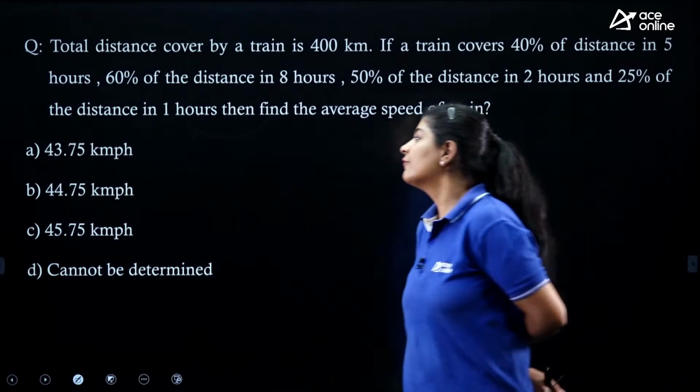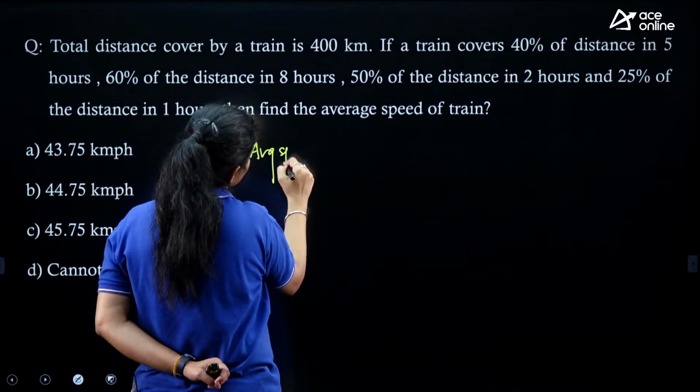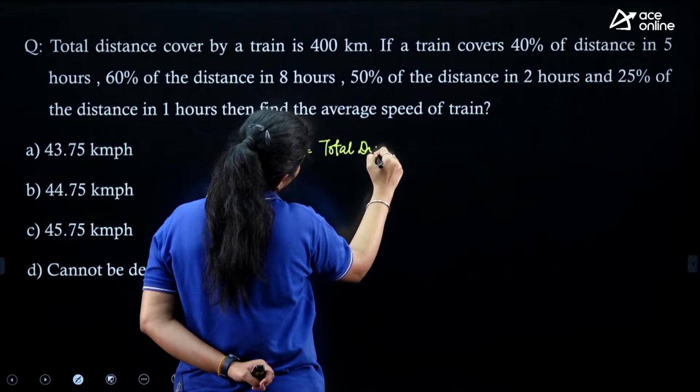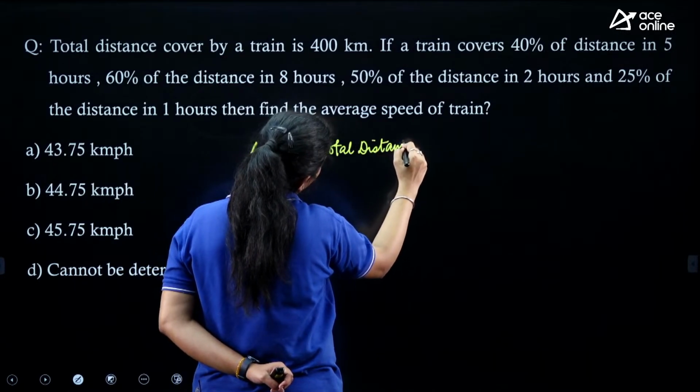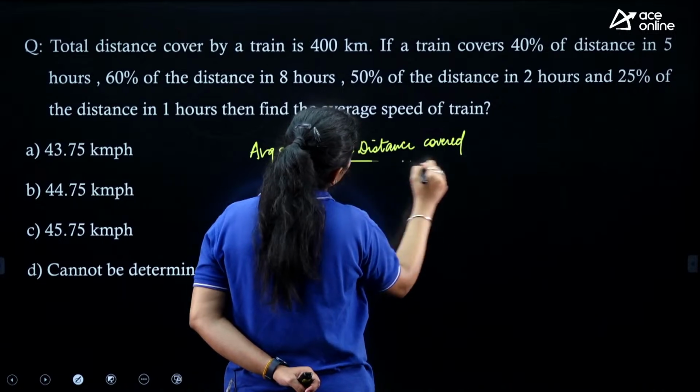We know that the formula of average speed is nothing but the total distance covered divided by total time taken.